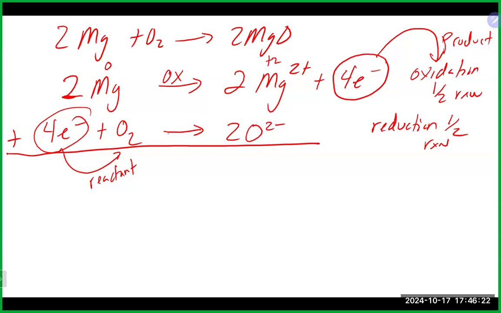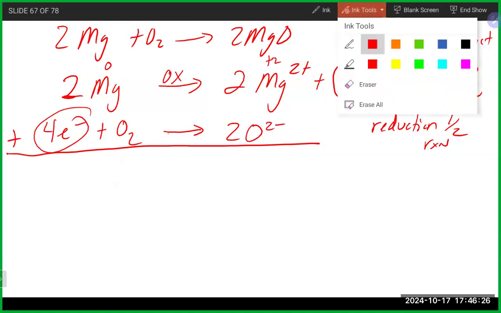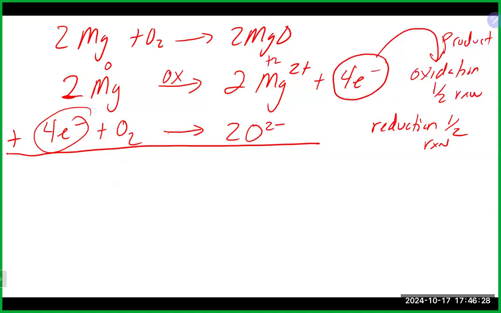Now, when you have 2 half reactions like this, you can add them back together. But the one thing you always have to make sure of before you add them is that the electrons in both half reactions should always be the same number, because however many electrons somebody loses is the exact same number of electrons that somebody gains.